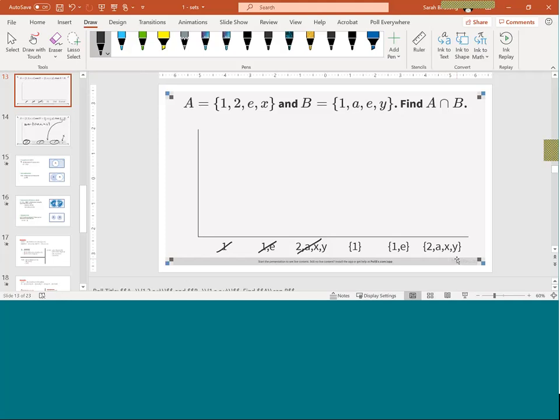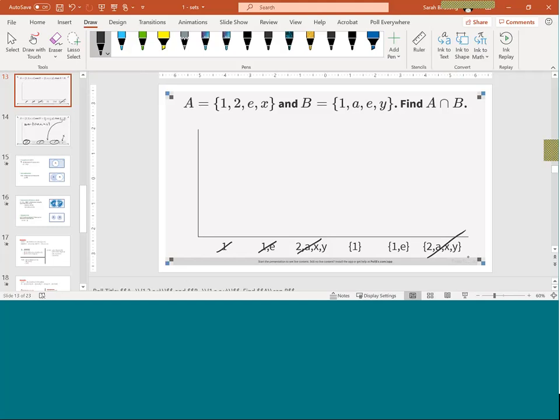Because what you need for an intersection is all of the elements that are in both of the two sets A and B. Is 2 in both the sets A and B? Nope, it's in A, but it's not in B. These turn out to be the elements that are in exactly one of the two sets, but not both. So it's actually not a union. This one here is what's known as a symmetric difference, and we'll get to it in just a second. So this one, even though it's a set, didn't work out so well.